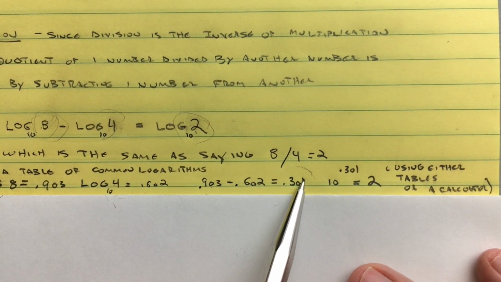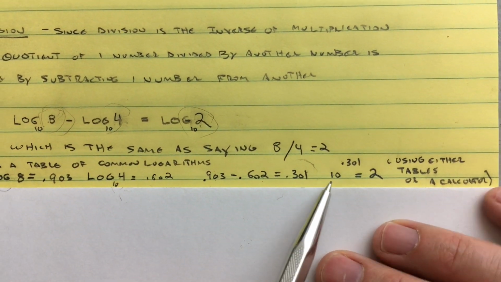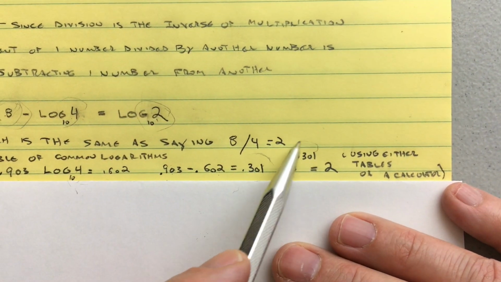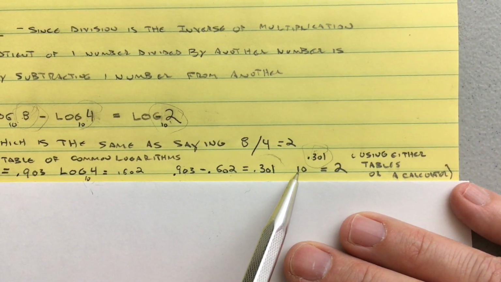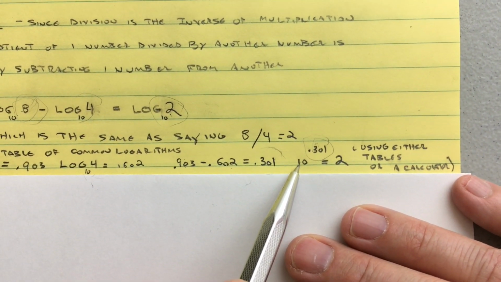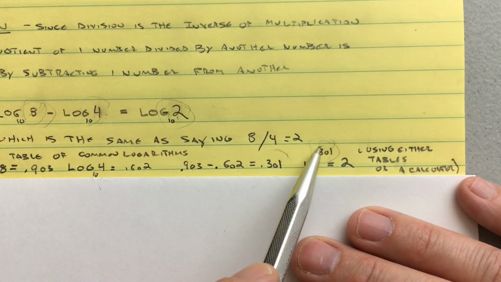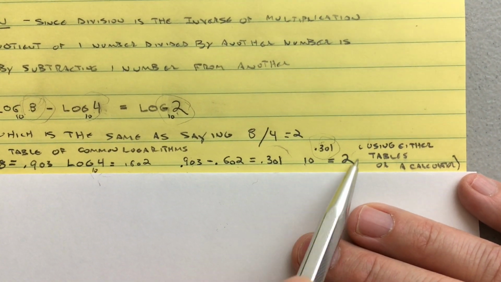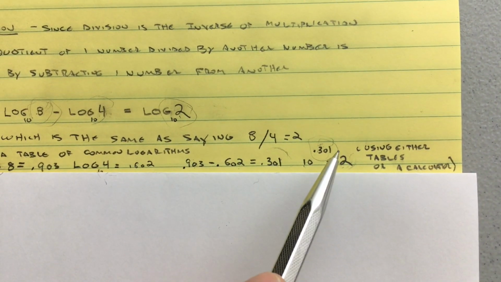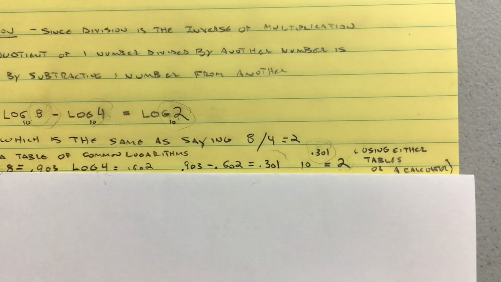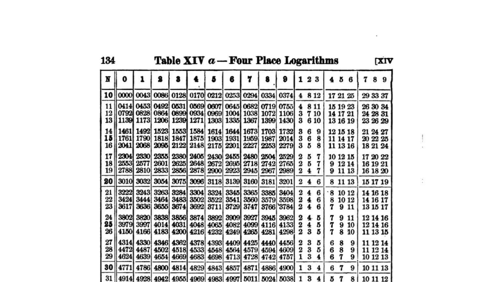And that's 0.301. So now the question becomes, okay, if I know what that number is, that represents the logarithm to that base, which in this case is base 10, what logarithm corresponds to the value on the right-hand side of the equal sign? So we're going to go back one page and show it again.